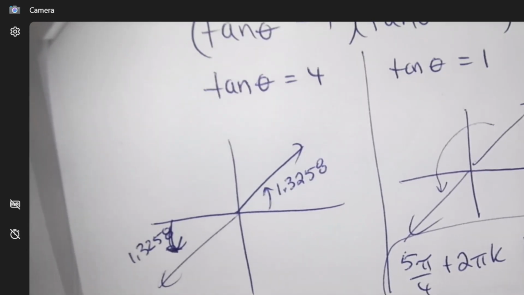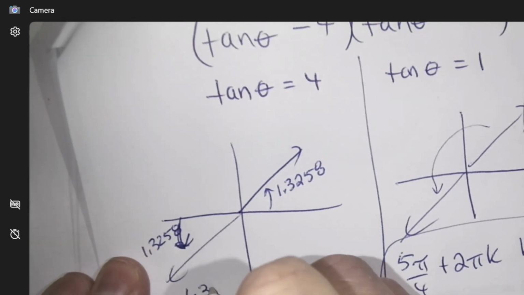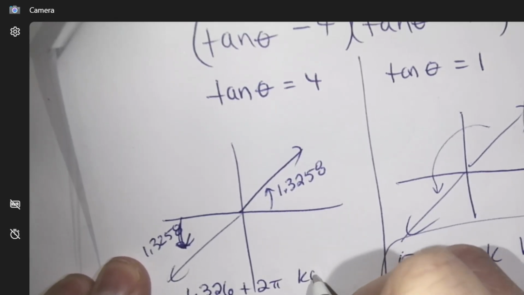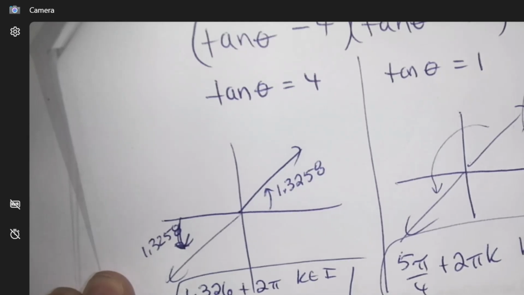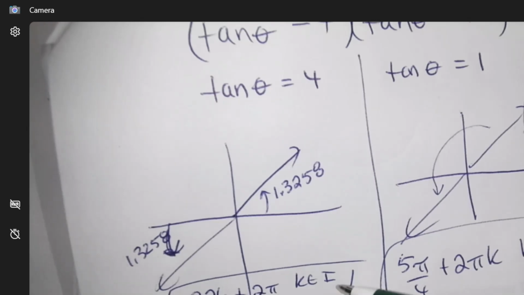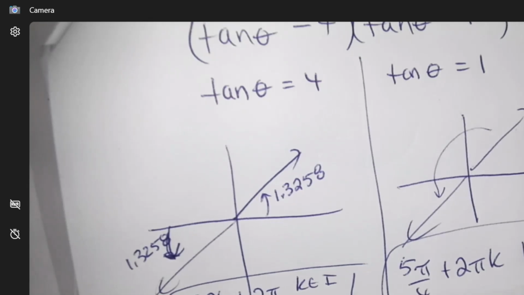Okay, so I'm going to show you again the two ways you could have written your answer. You could have had them separated, so you could have written it as two of them separately with a 2 pi k, or a 1 with a pi k.